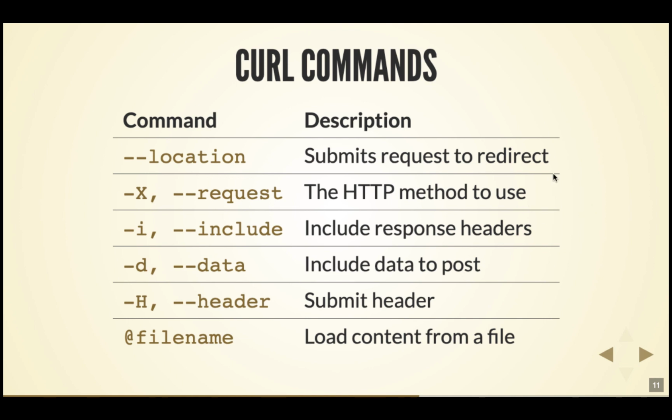You've got some other options though. You could add a -i to include the response headers, which I'll give an example of. -d, let's say you're creating something and you have a whole giant request body of hundreds of lines. You could store that in a file and refer to it that way. Or -H, this is submitting parameters in your header.